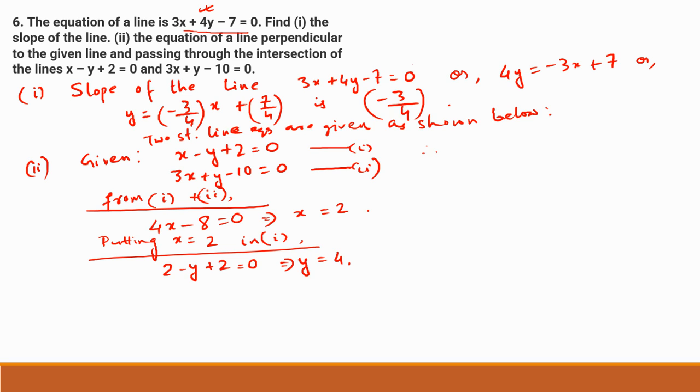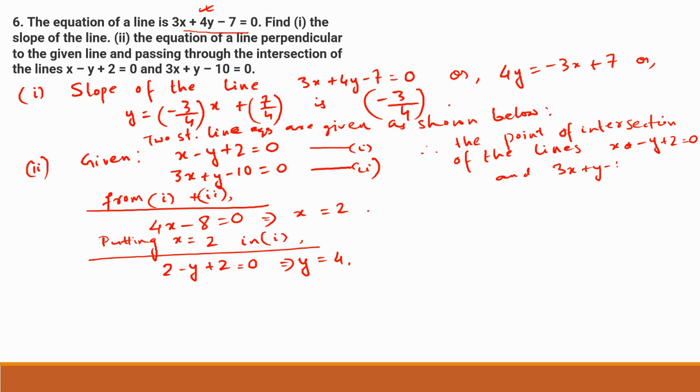Therefore, the point of intersection of the lines x minus y plus 2 equals 0 and 3x plus y minus 10 equals 0 is 2 comma 4, right?